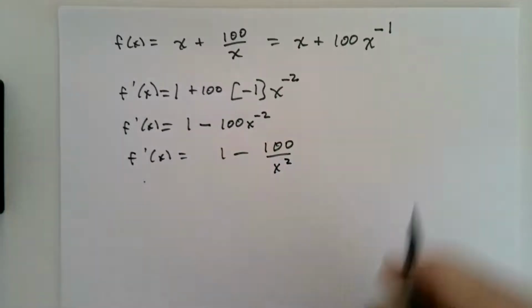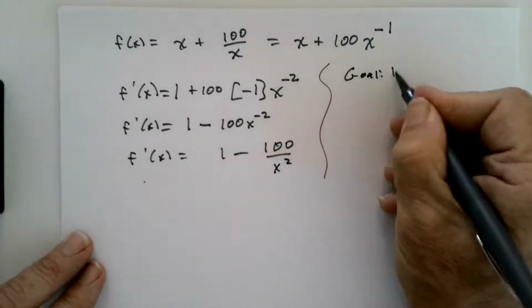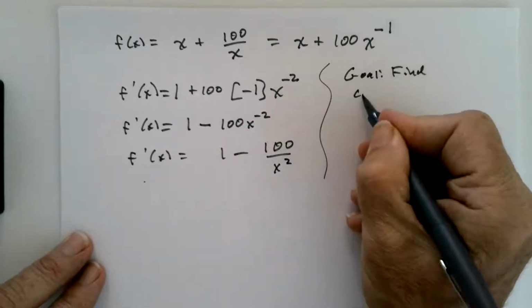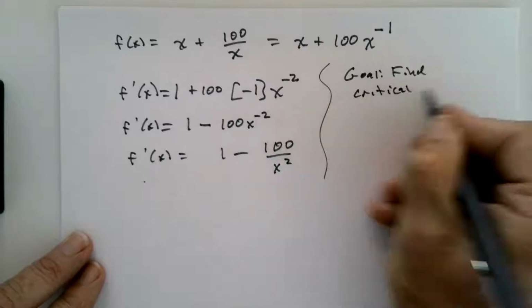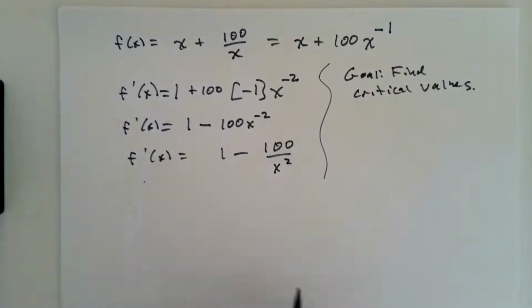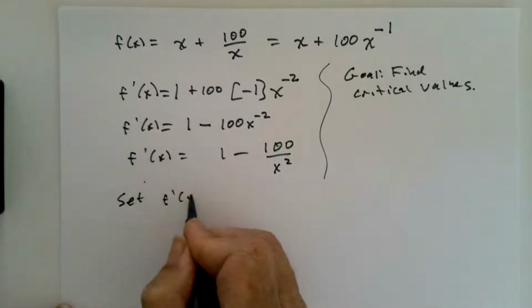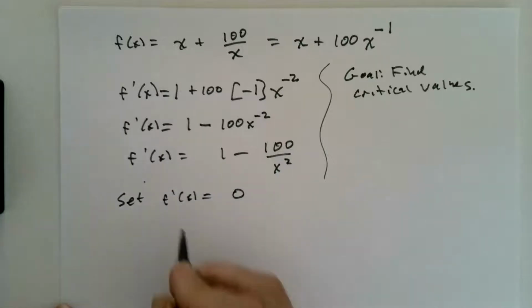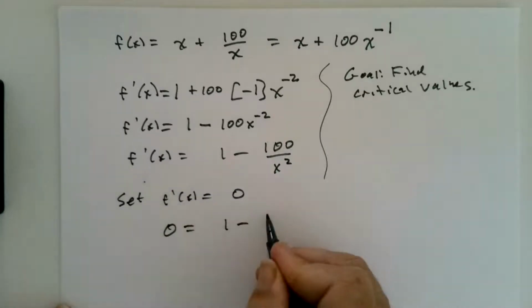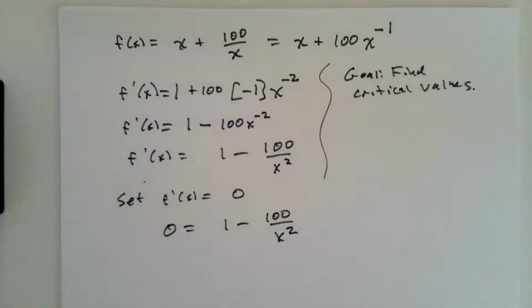So remember, our goal is to find critical values. So how am I going to do that? I'm going to set f prime of x equal to 0. So we'll say 0 is 1 minus 100 over x squared.